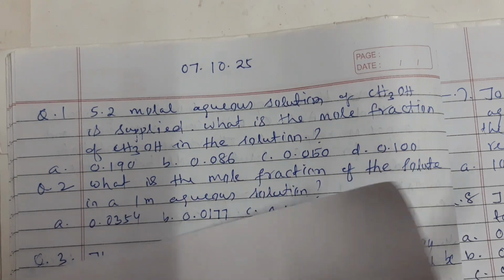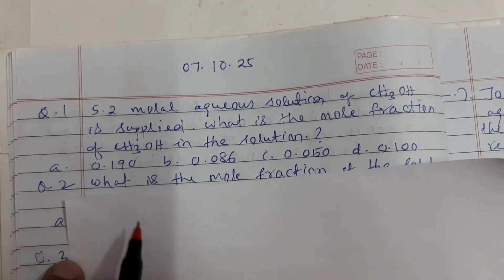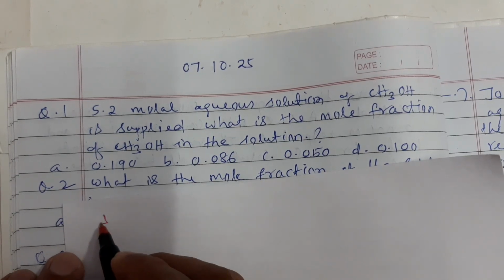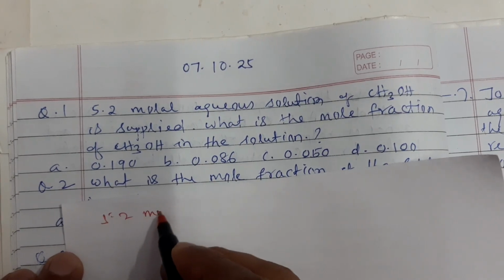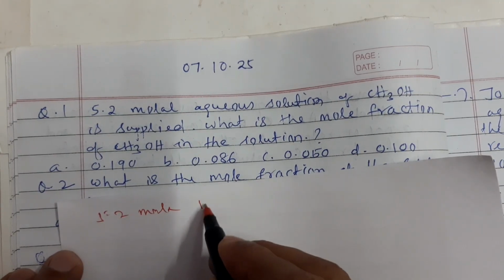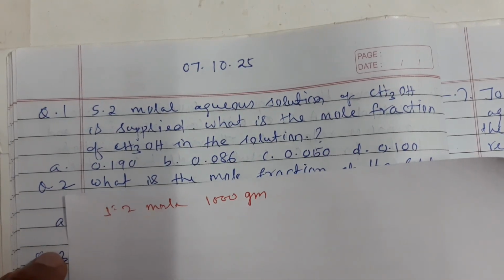So what is molal? Molal means molality. 5.2 mole of solute in 1000 gram of the solvent.